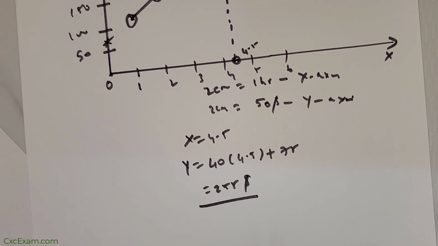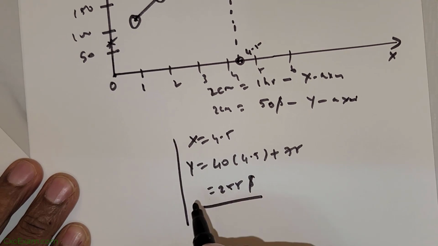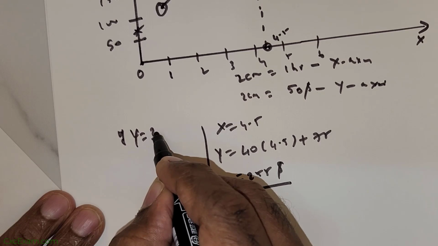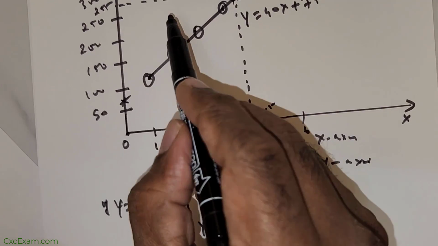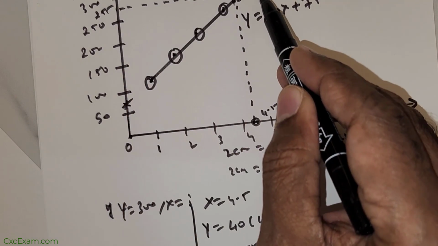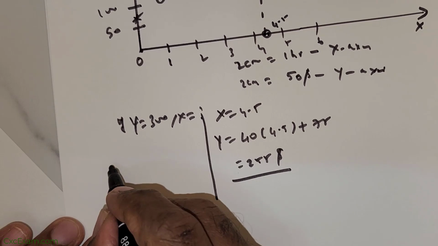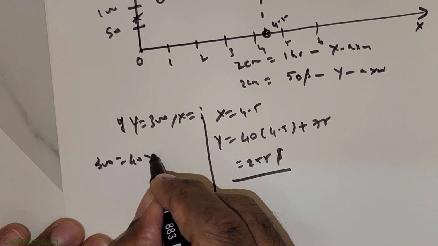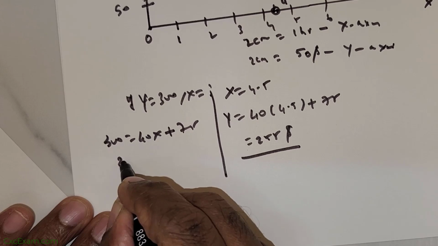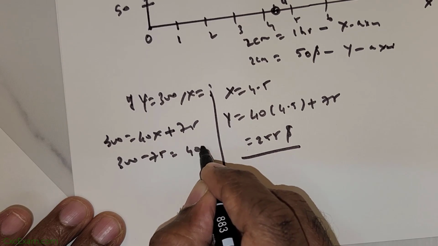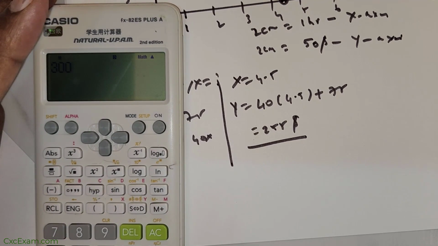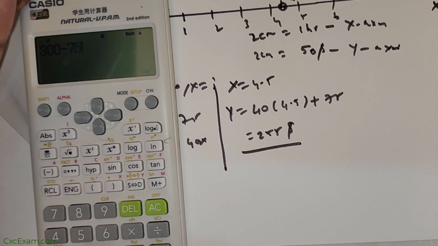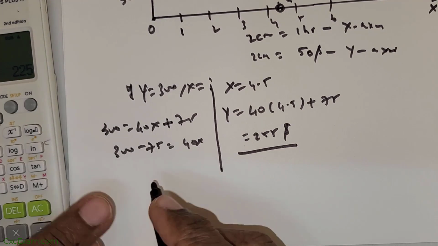Now find the time spent on a job if the total charge is $300. If y is equal to $300, we have to find x. So you substitute 300 equals 40x plus 75, so 300 minus 75 is equal to 40x. 300 minus 75 is 225.